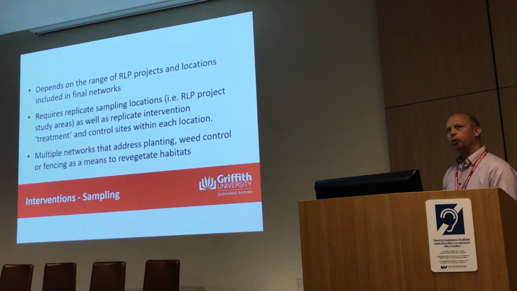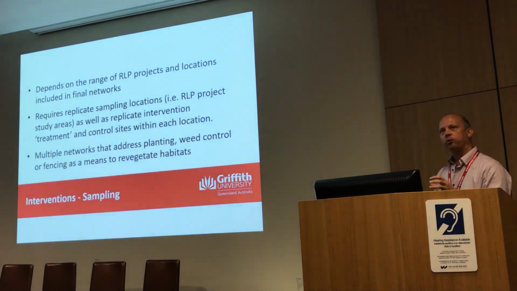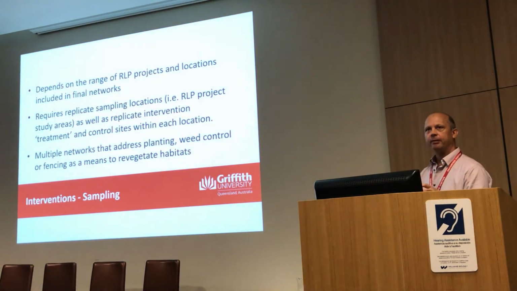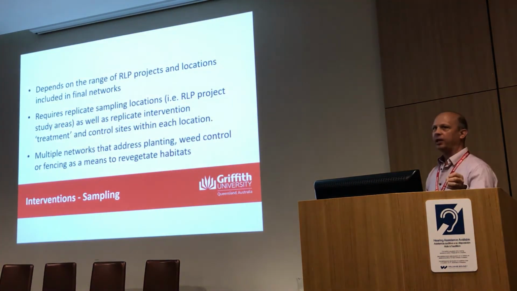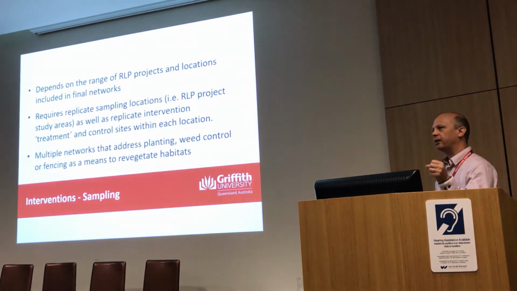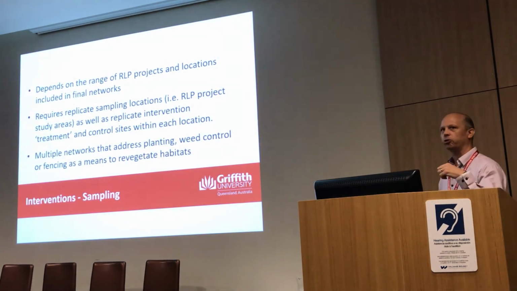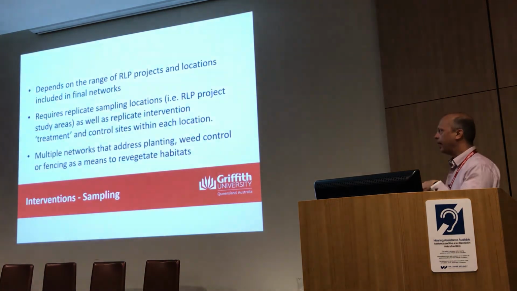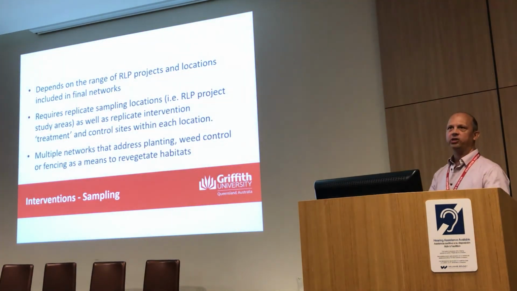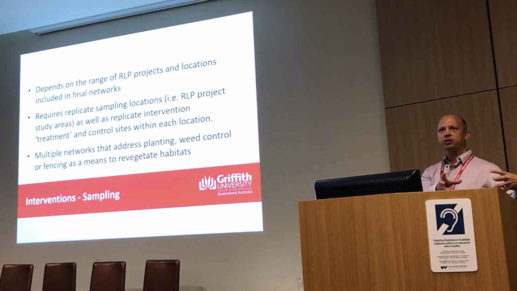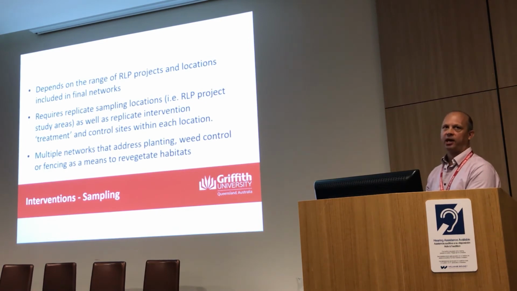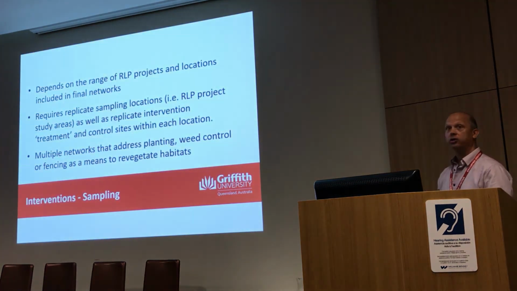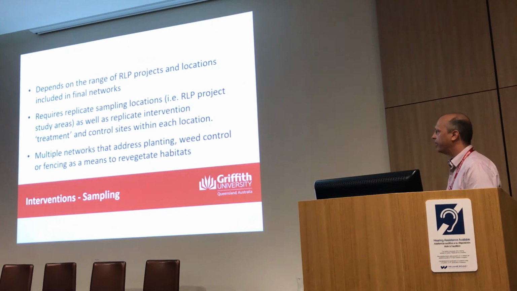The interventions require replication, and also replication of the treatment, whether it might be weeding through manual control, chemical measures, or the use of fire, for example, and then control sites. So we need replicated treatment options and replicated control sites within our MER network to be able to answer those questions in a scientific manner.